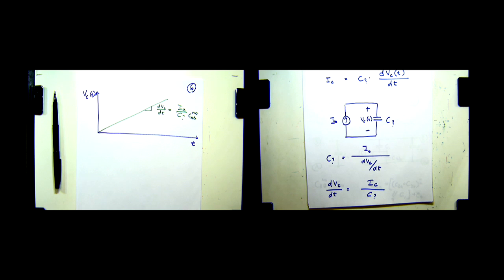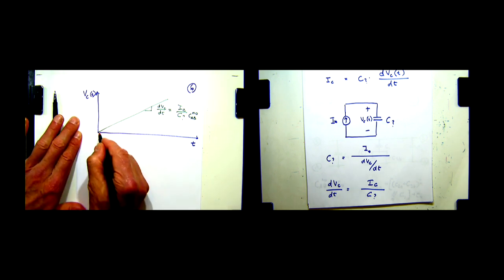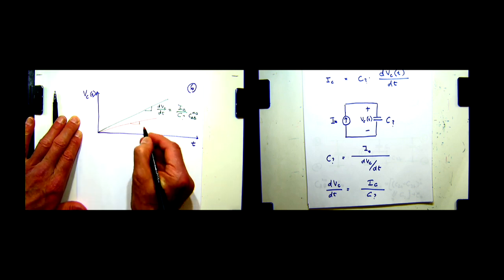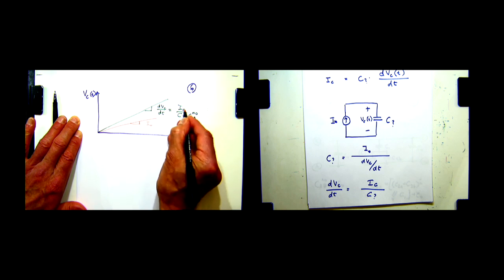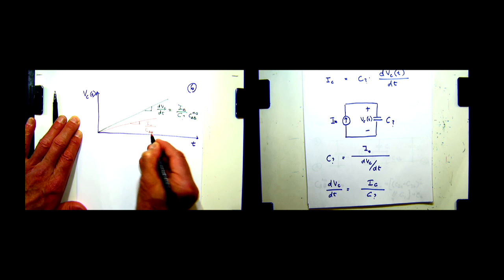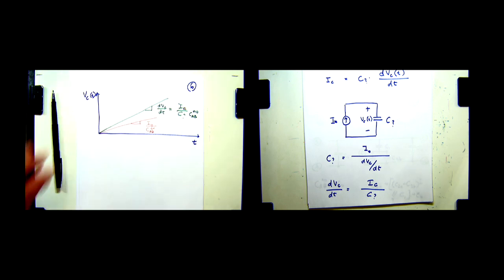And then the slope of this thing is going to be steeper or flatter? Flatter, right? Okay, so there's going to be a lower slope that corresponds to I0 divided by C_AB, finger.